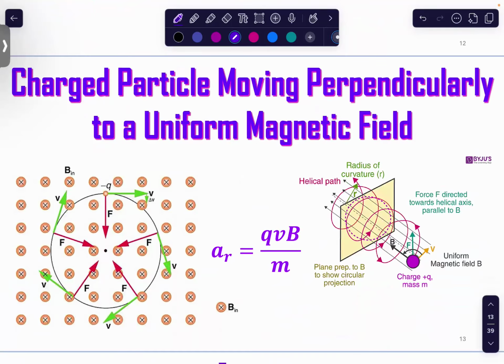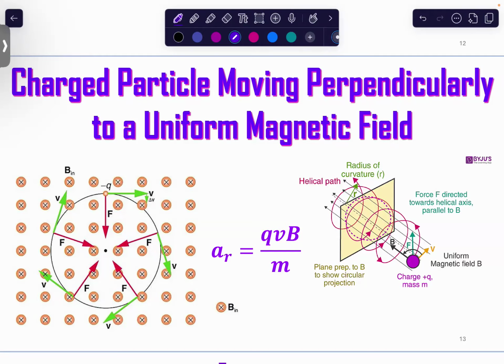Okay. Charged particle in a magnetic field. Maybe not exactly what you thought it would do. So first off, if you have a charged particle, so this time it's a negative charge, moving in a straight line when it enters this magnetic field, it's going to then experience a force that is in essence a centripetal force or a radial force, causing it to start moving in a circular motion.